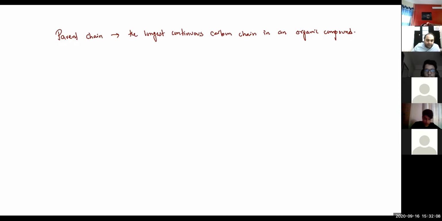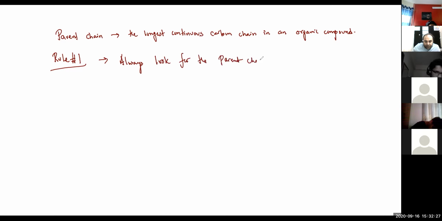So let's take an example. Rule number one. Always look for the parent chain or the longest carbon chain.